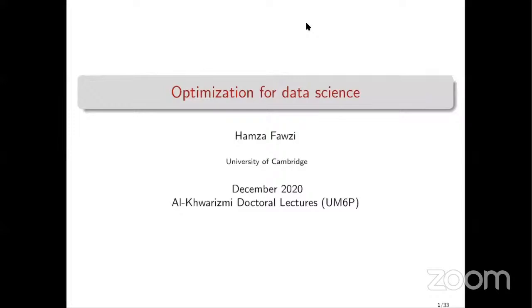Good morning, everyone. Thanks again for joining this third session on this short course on optimization for data science.